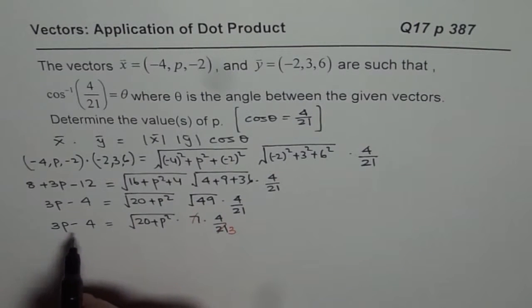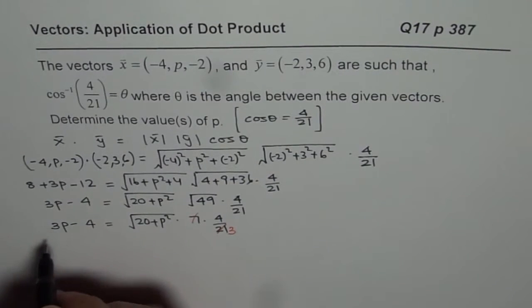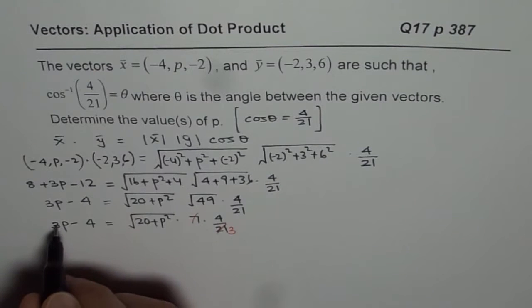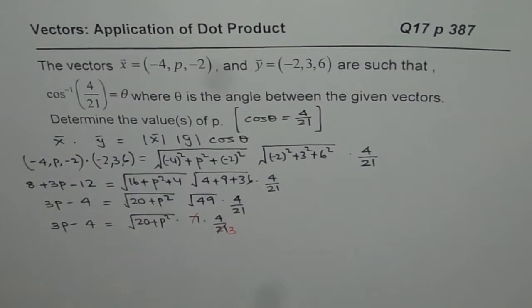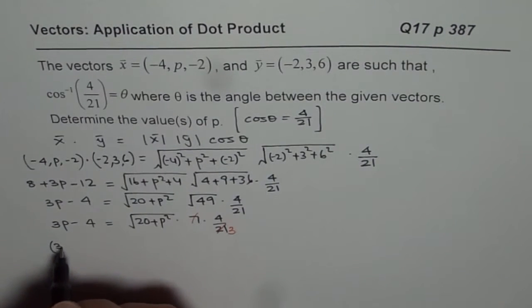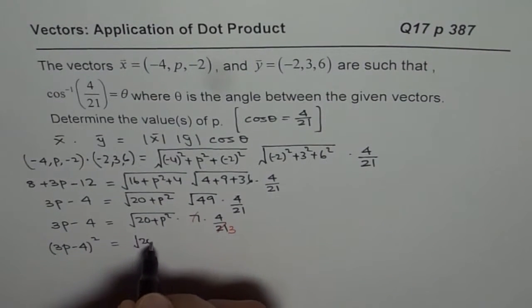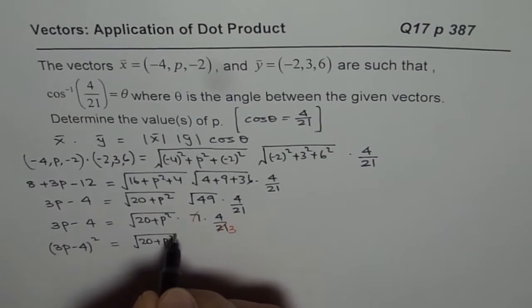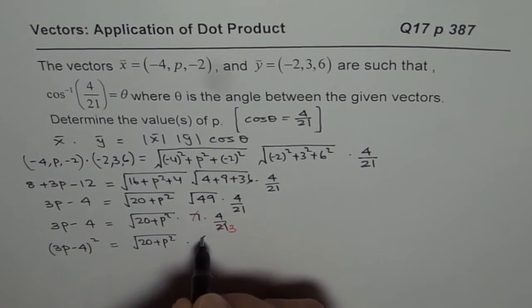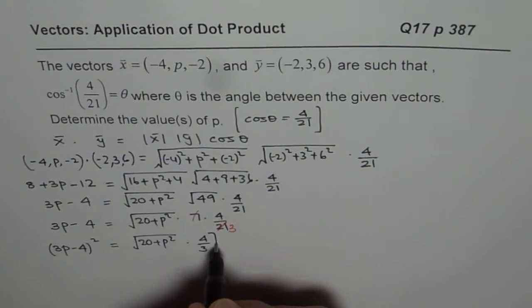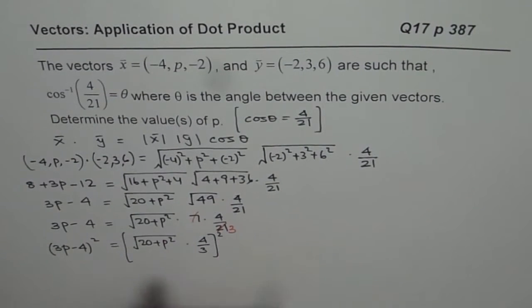So 3p minus 4 whole squared equals square root of 20 plus p squared times 4 over 3, everything squared.